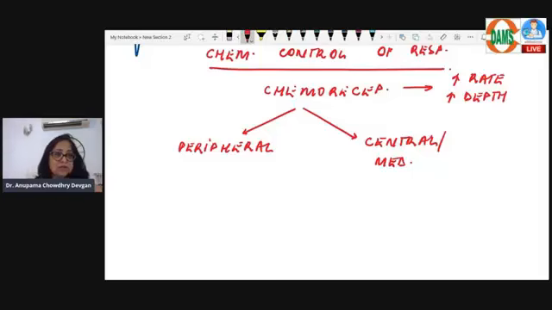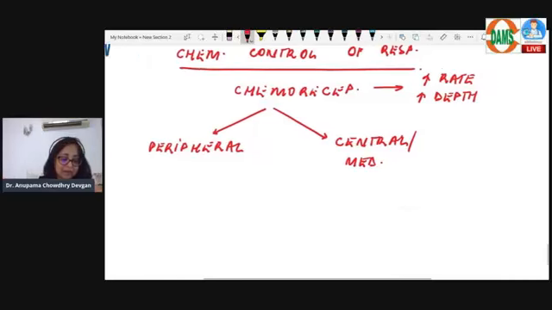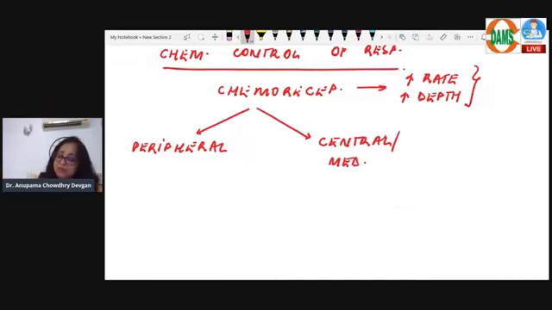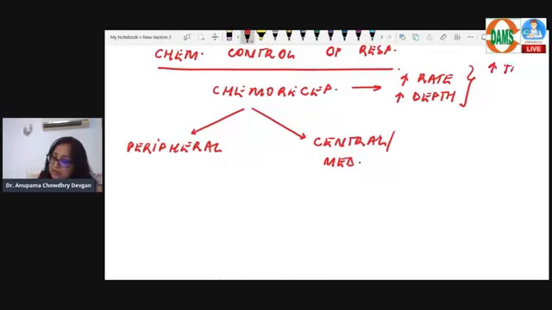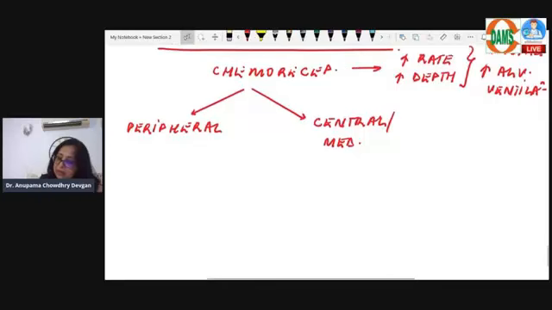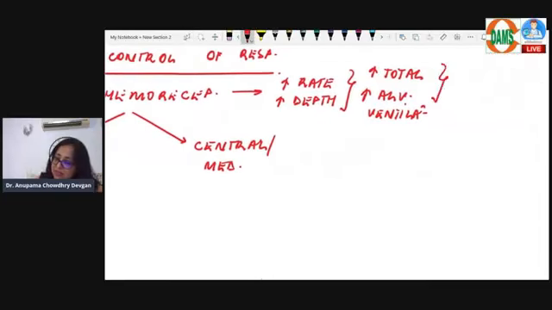If there is an increase in the rate and depth of respiration, that means it increases the total ventilation and the alveolar ventilation.